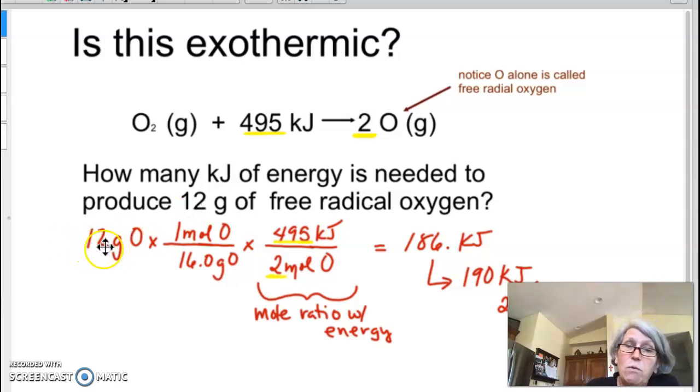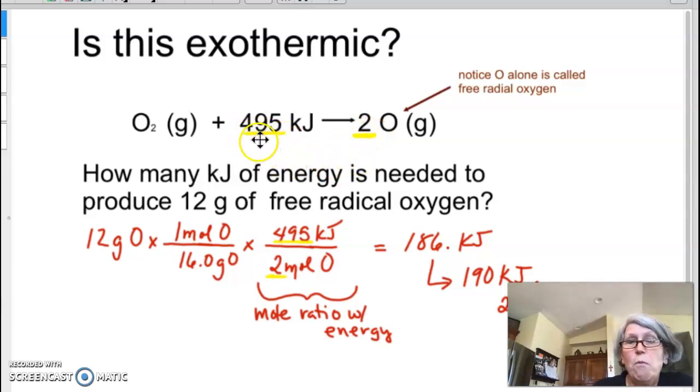So you would start with your 12 grams of free radical oxygen, and in this case, I'm only using 16 grams for oxygen. It's not diatomic. I'm using the molar mass of pure oxygen, so 16, because it's free radical oxygen, to 1 mole of free radical oxygen. And then when you look at the balanced equation, do you notice there are 2 moles here for this energy?